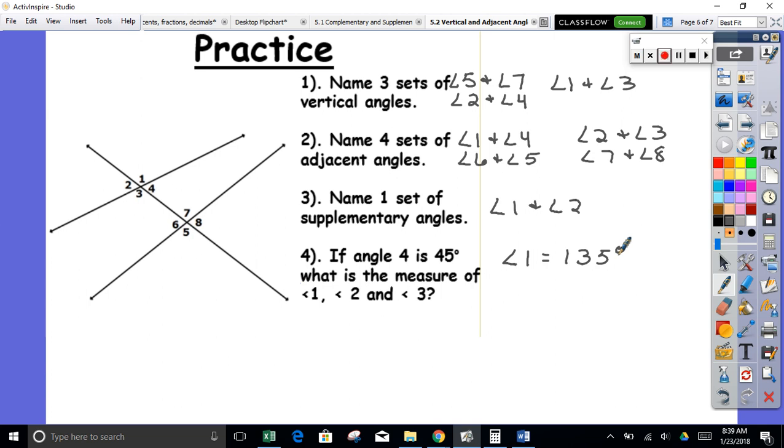Riley, what would angle 2 be? 45. Good. And what would angle 3 be? McKenna? It would be 135. 135 again. Good.